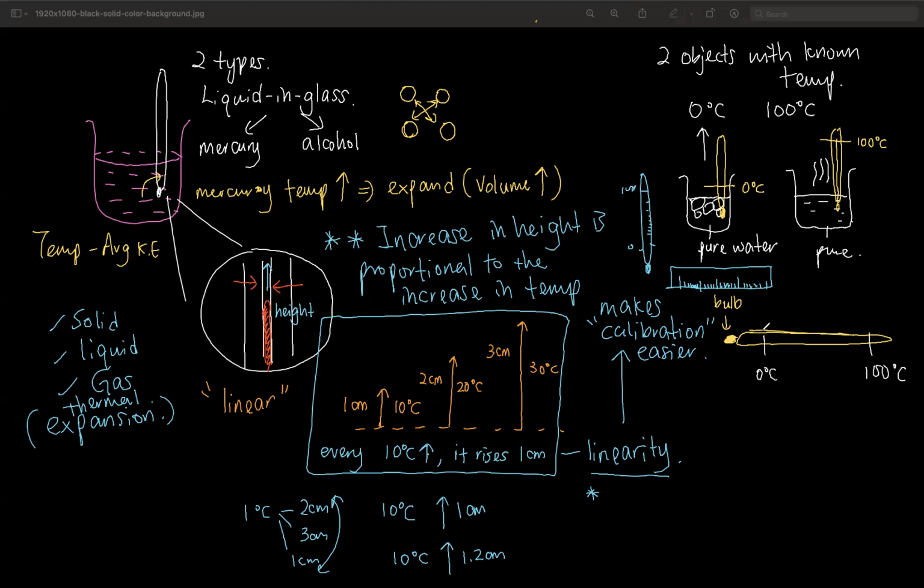Right? Now, how do we form the scale in between the 0 and 100? The scale between the 0 and 100, we can just divide it by 100 divisions.